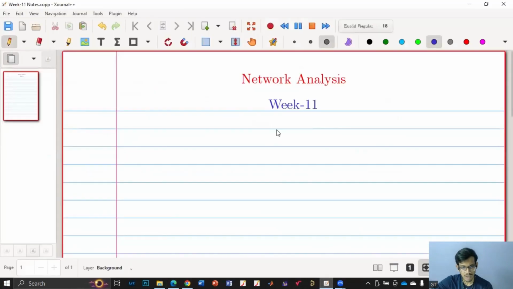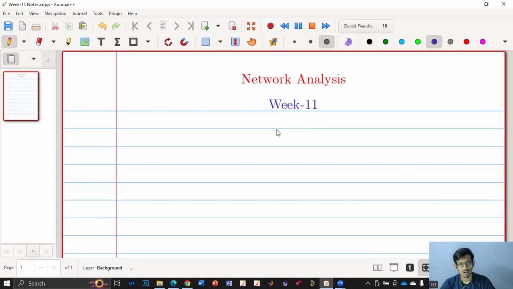So last week, we discussed the basic introduction to two-port networks as well as the parameters that we can obtain from them. But today we will be discussing different possibilities of connecting two-port networks, say if multiple two-port networks are connected in series, in parallel, or in cascaded form. How will the parameters look for the entire two-port network?